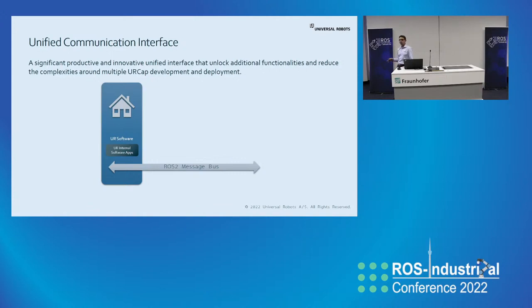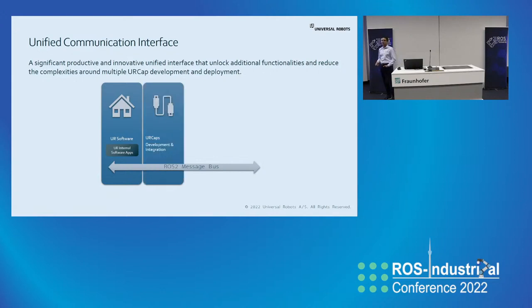We also have URCAPs running on the robot, and we have a few internal projects that are right now using ROS as a communication interface. Our main motivation, as I said, was URCAPs, so making it easier for URCAP developers to use all our interfaces. This is a long-term plan. We are implementing right now just the first phase.